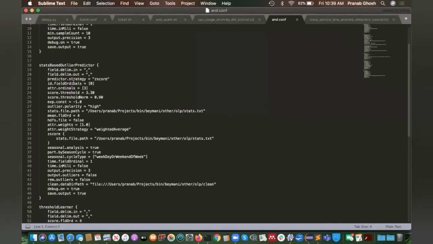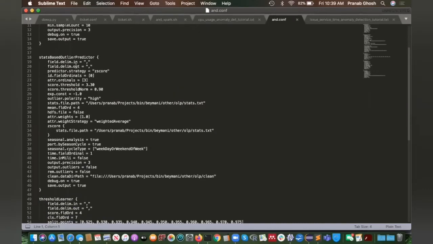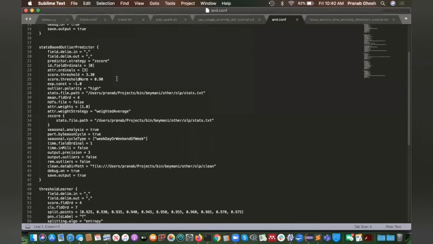And then this is the configuration for the actual predictor, which is similar to what we had for the last use case, except that we are using a different algorithm, Z-score, instead of robust Z-score.